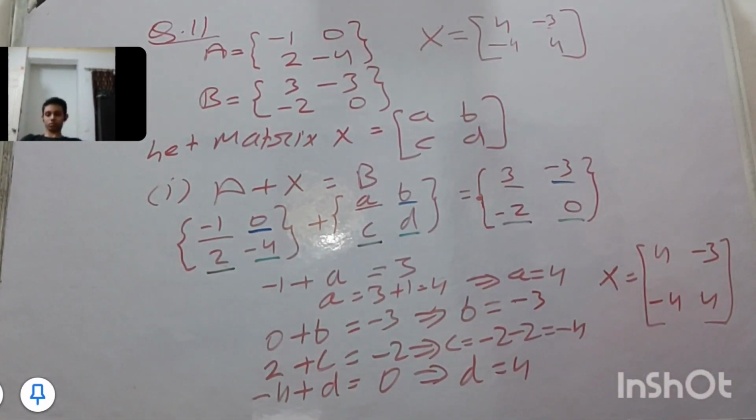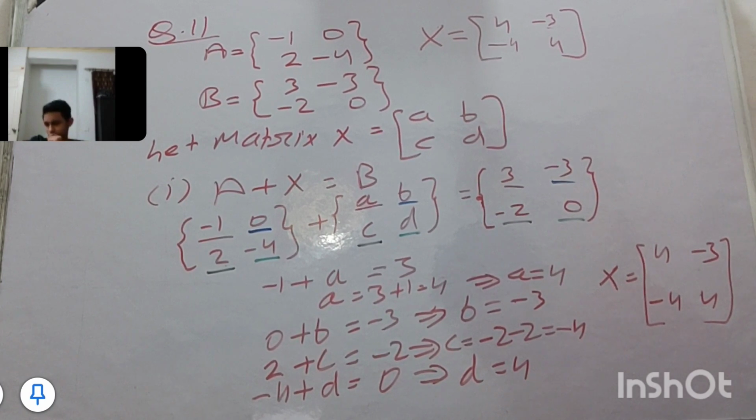So this was the matrix X we obtained from A and B. The equation was given as A plus X is equal to B, and then we get the matrix X. We assume that matrix X is equal to A, B, C, D, and we find the value of A is equal to 4, B is equal to -3, C is equal to -4, and D is equal to 4.